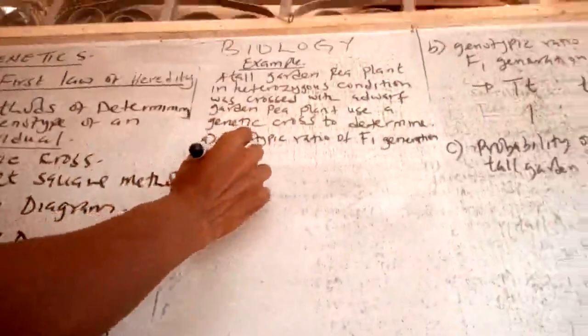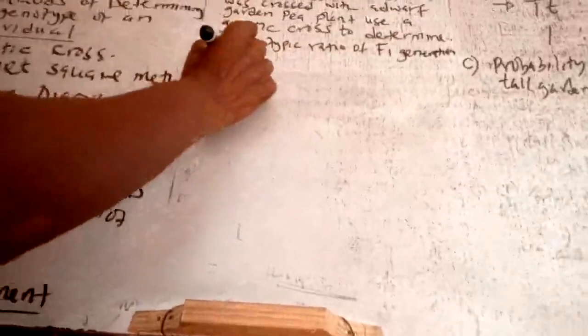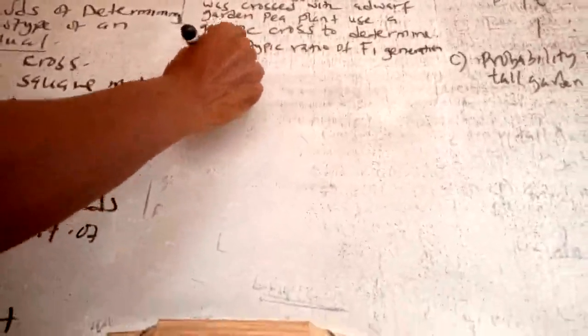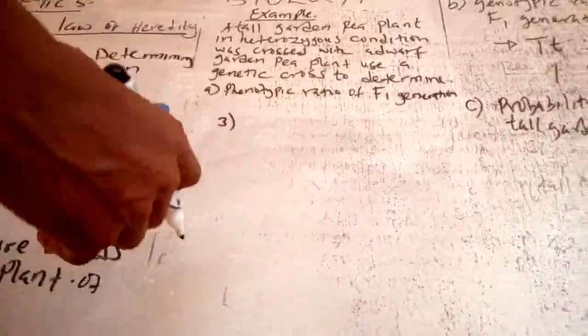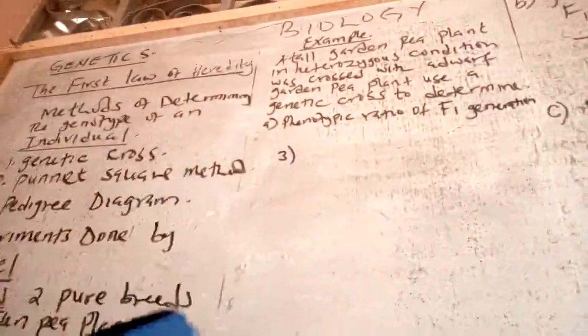He obtained the pure variety as a result of crossing, that is experiment number 3. In experiment number 2, I have said that he obtained a mixture of tall variety and dwarf variety. What about in experiment number 3?